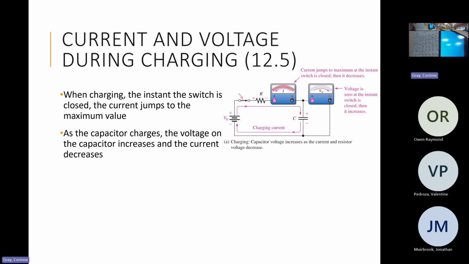So as the voltage on the capacitor goes up, the current in the circuit goes down because they start canceling each other out. Eventually, the voltage across the capacitor is the same as our source, and then no current would flow through that left loop.